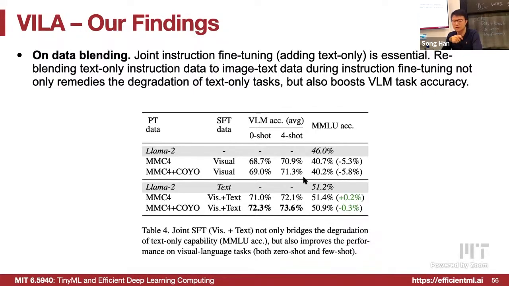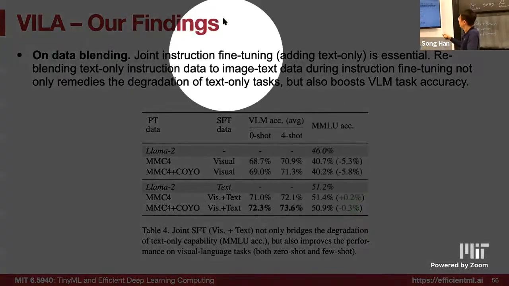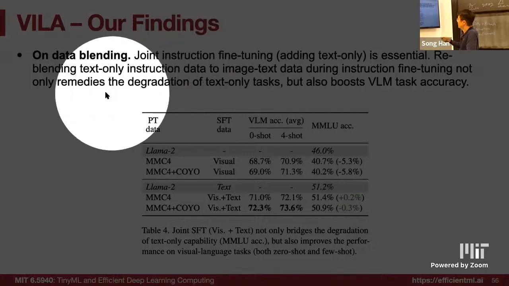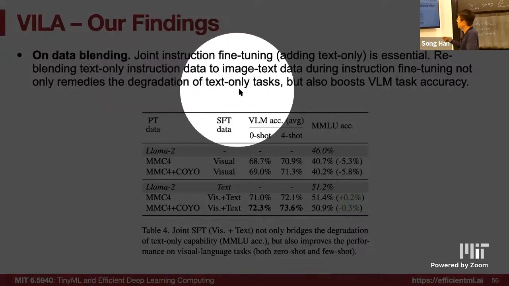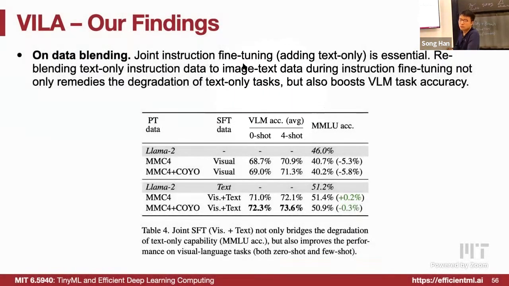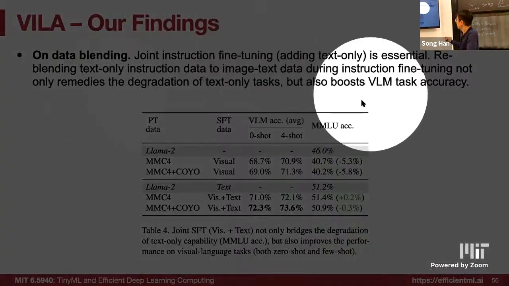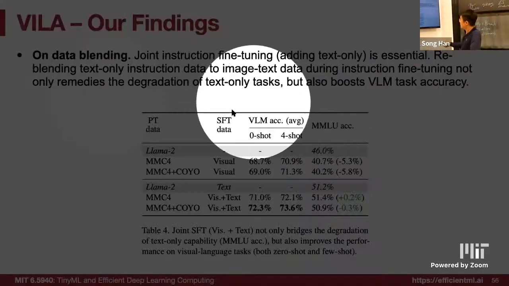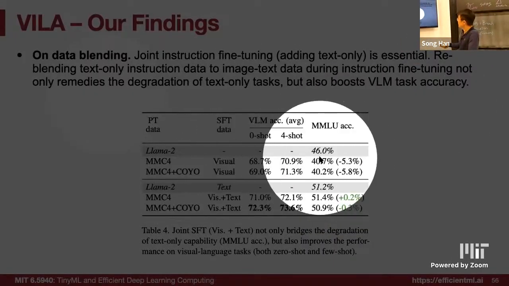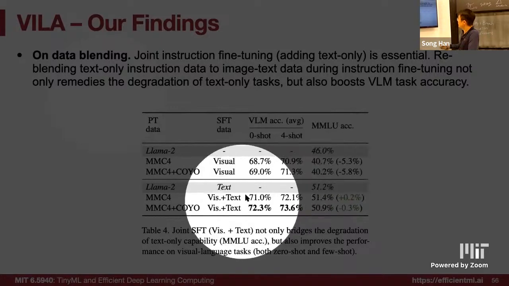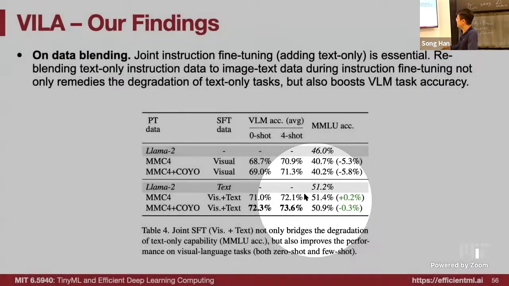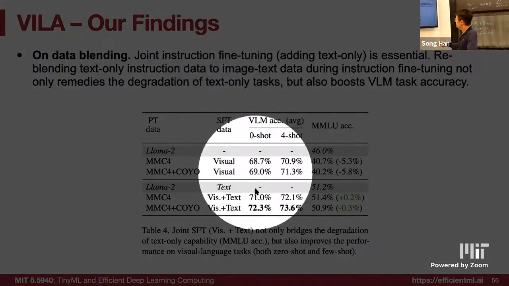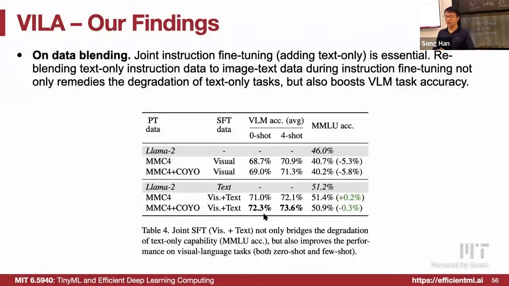Blending this text-only instruction data together with image-text data can alleviate the degradation of text-only tasks, since in the visual language model you want to deal not only with visual language tasks but also text-only tasks, and also boost the visual language task accuracy. Here, when the SFT data is purely visual data, the accuracy on MMLU is only 40, but blended with the text data, it becomes 50. And the VLM task accuracy also increased from about 69 to 72.